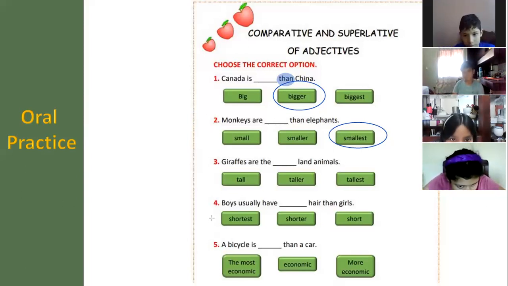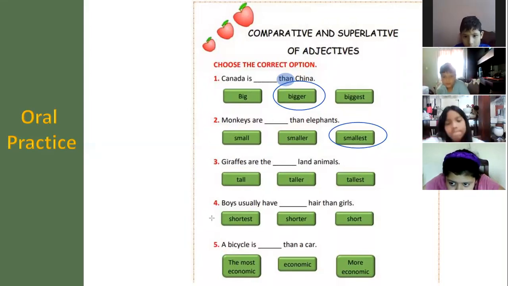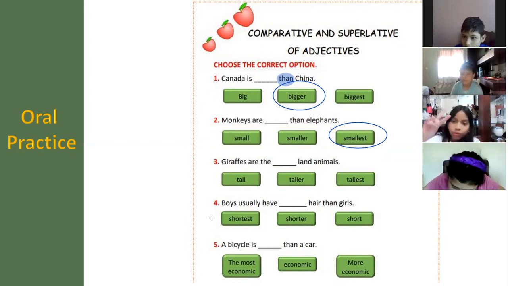Open your microphone, please. Is Daniel correct? Monkeys are smallest than elephants? Yeah, it's correct. So both of you are incorrect.